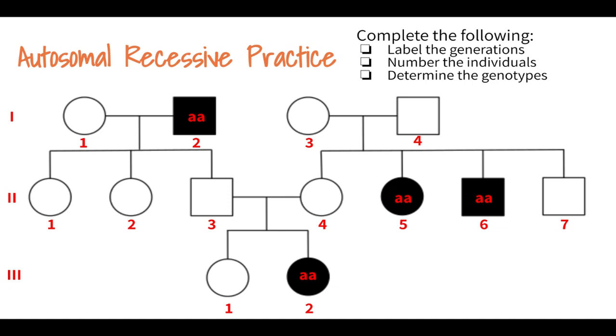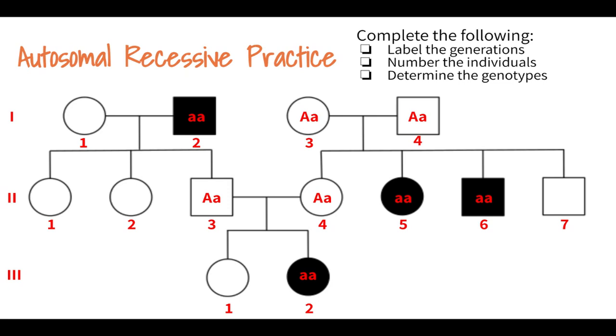The individuals we can work backwards with are in generation 1, individuals 3 and 4, and in generation 2, 3 and 4 as well. Because each of these individuals had children who are homozygous recessive, they must all be heterozygous because they express the dominant trait, but they were able to have children with the recessive trait.